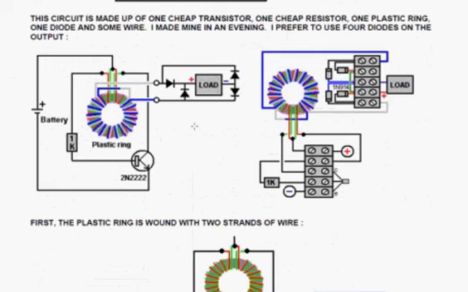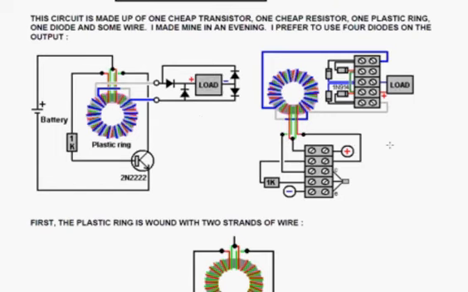Okay, now I found that I preferred and found it more effective to use 4 diodes instead of 1. So I used a diode bridge as shown on this particular layout on the right. And you notice that the layout on the right doesn't use soldering. It doesn't use anything fancy. And it shows you which way round the diodes can be connected.